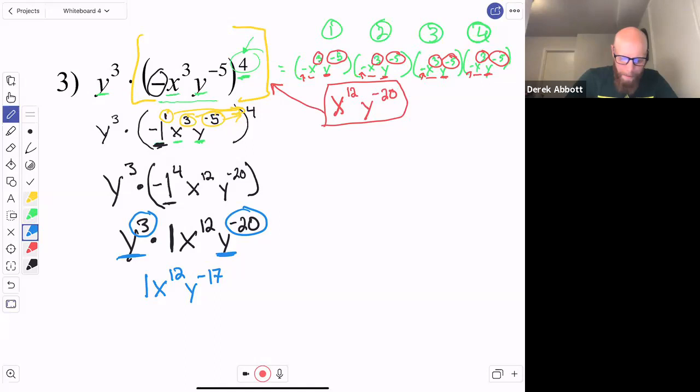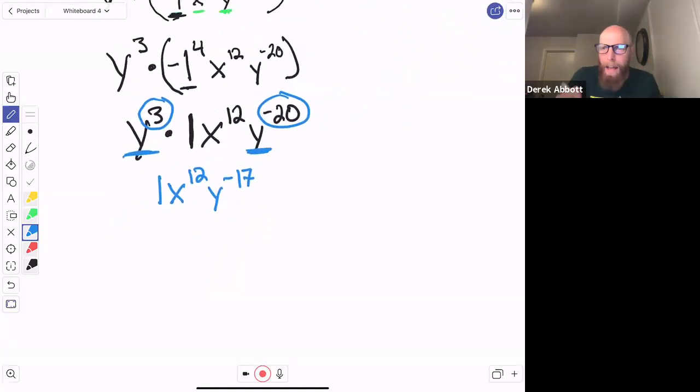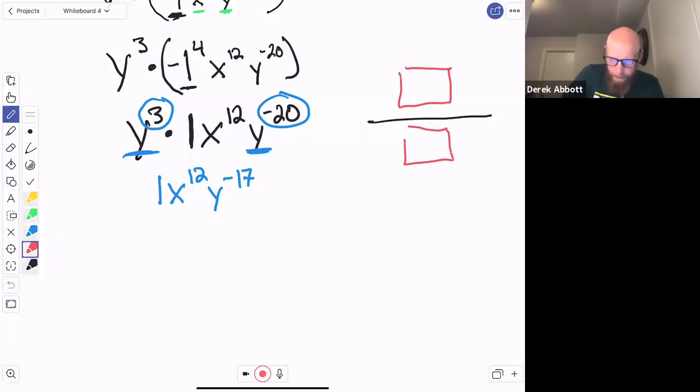If we remember back from algebra, negative exponents just mean that whatever the negative exponent is attached to, in this case the y, it gets to move. And what I mean by move is always think about a fraction, right? You have the top of the fraction and you have the bottom of the fraction.